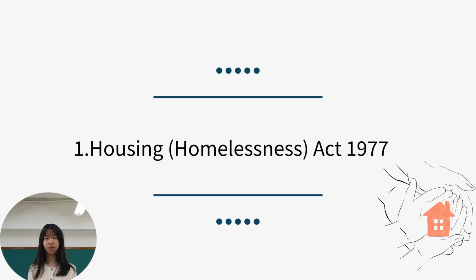The main content of this law is to provide temporary accommodation and long-term housing support. A special point about these laws is that if the local government determines that the applicant has deliberately chosen to become homeless, like voluntarily giving up their housing, they may refuse to offer the assistance.